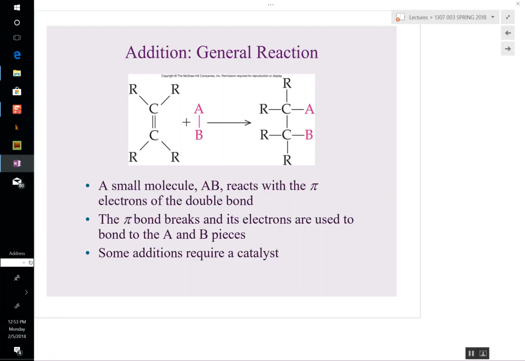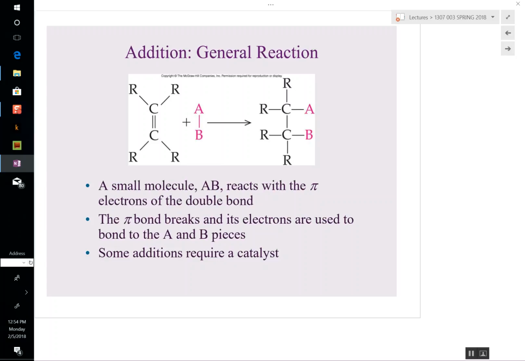So the next one is a halogen. These halogens can be fluorine, chlorine, bromine, or iodine. And what you notice about the halogens is just like the hydrogen, they are diatomic.